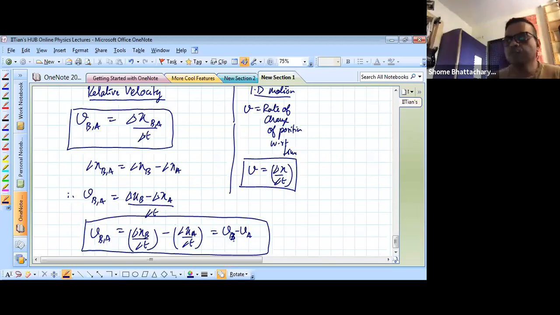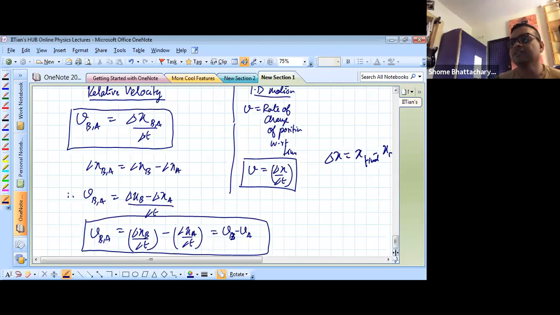Okay, people. So hope this concept is clear to all of you now. Delta is change. Delta is the change in some quantity. Now, final minus initial. Delta x, we say, is the final value of x minus the initial value. Okay.